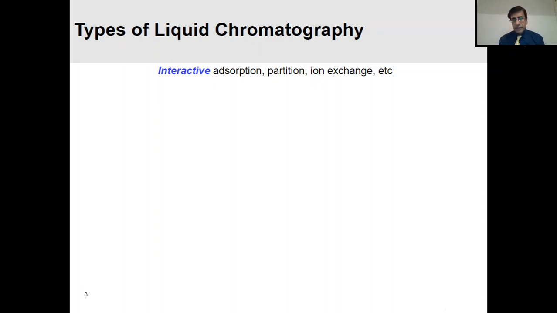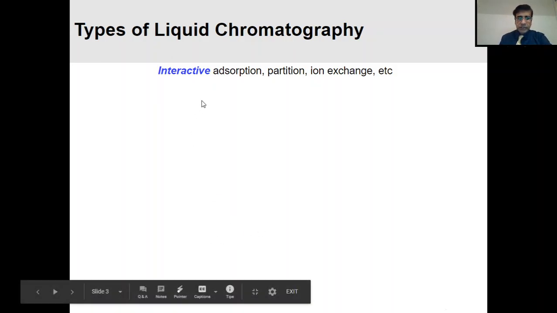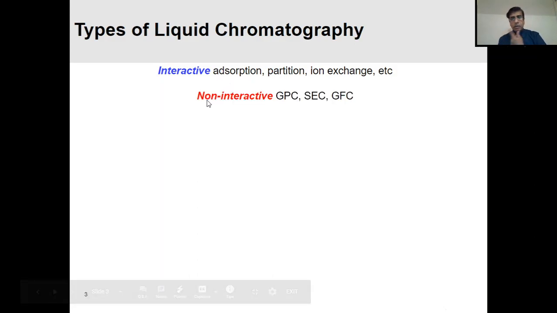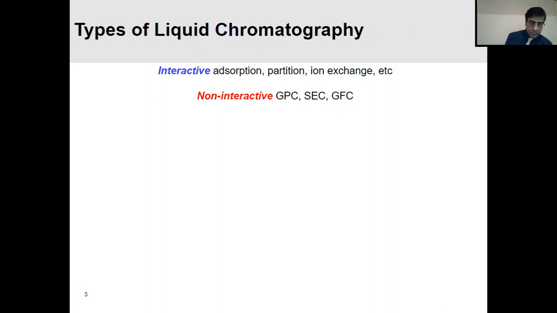Basically we have two different types of liquid chromatography: interactive and non-interactive. Interactive means you have some kind of interaction between the mobile phase and the stationary phase, like adsorption, partition, ion exchange, etc.